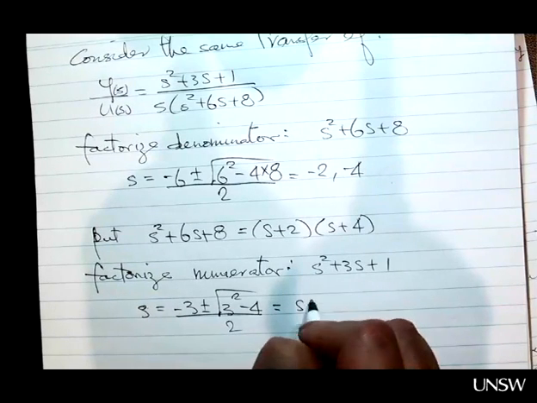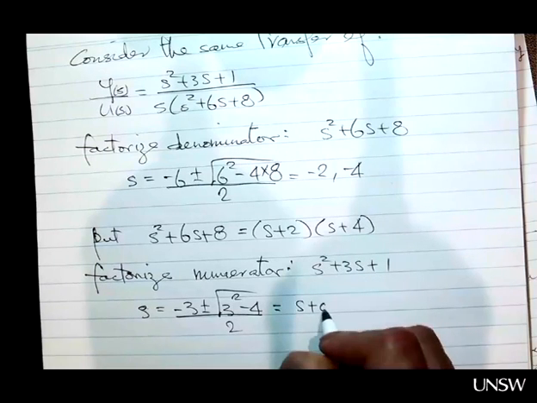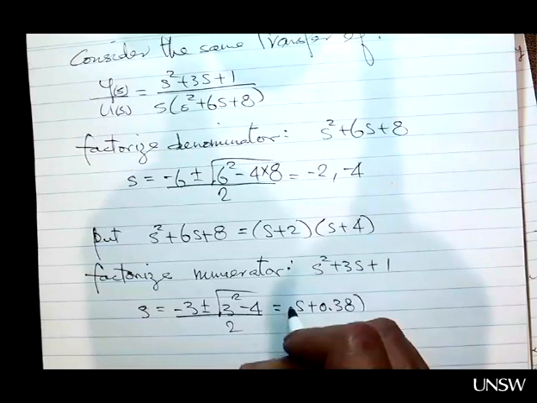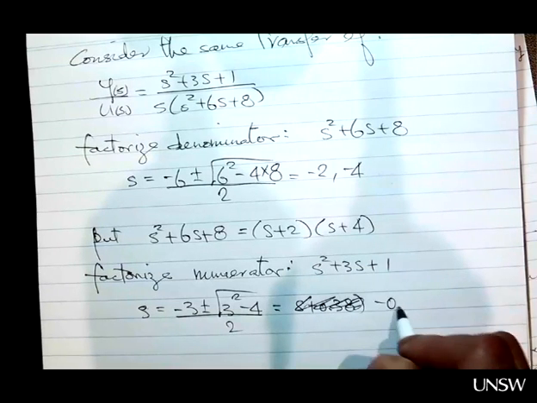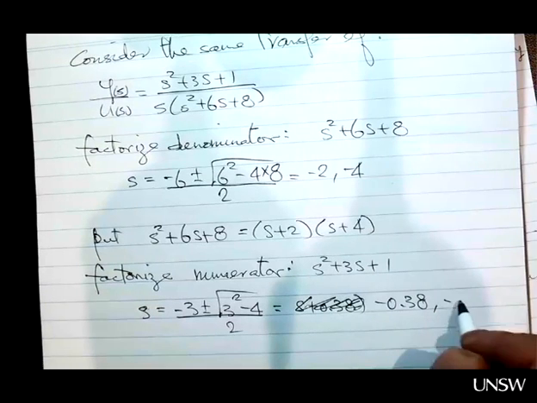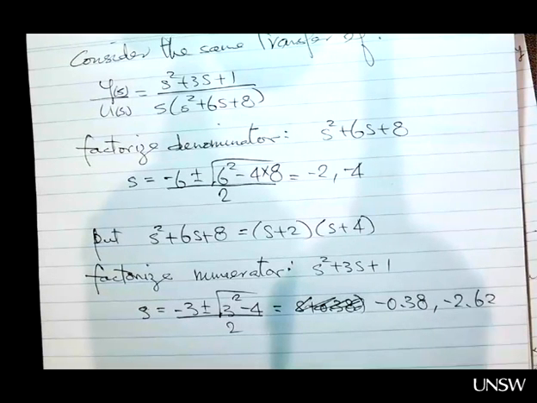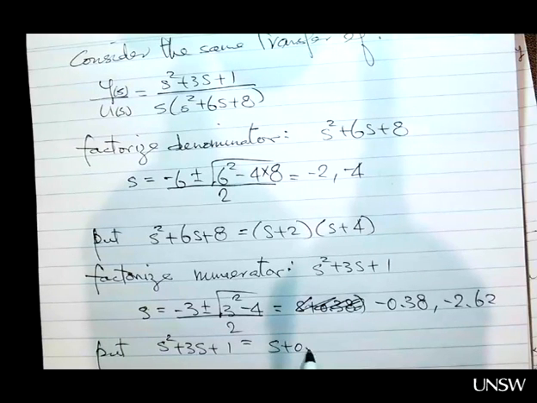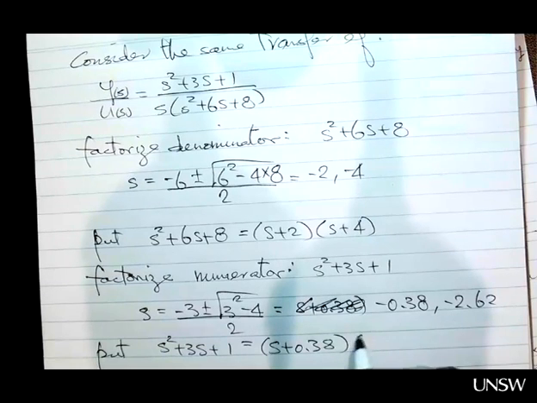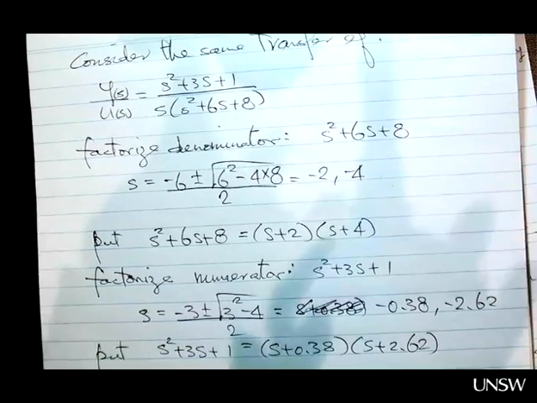We just take 2 digits after decimal. So we have this, and then 2.62. Then we can put the s squared plus 3s plus 1 equals the two factorized forms.